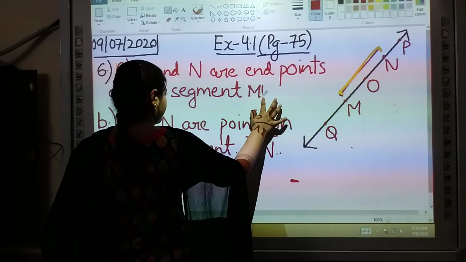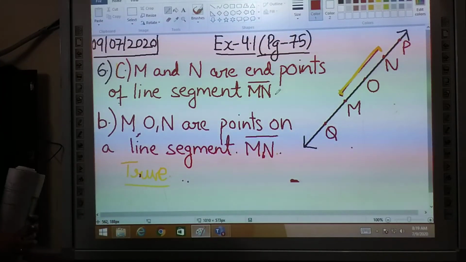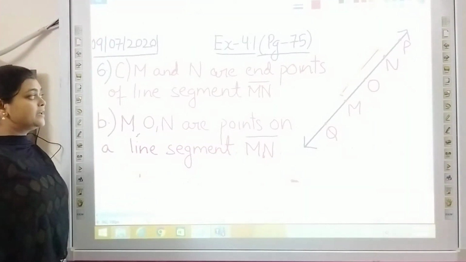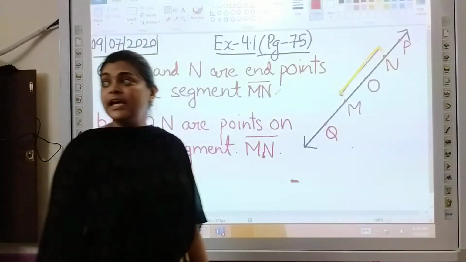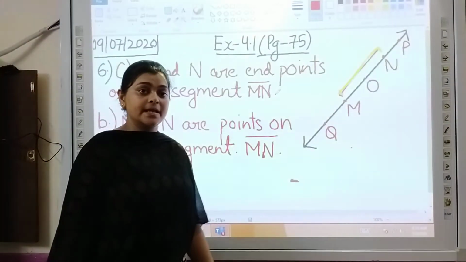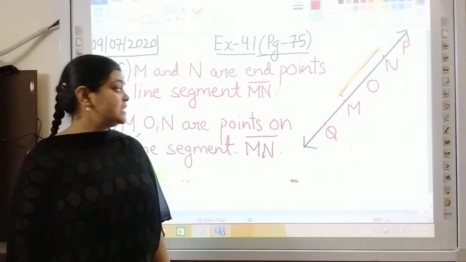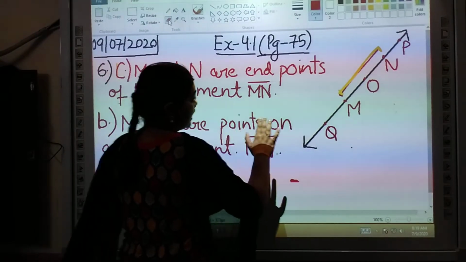Clear, children? We have to tell whether point M and point N are endpoints of our line segment MN. It is clearly seen that MN is a line segment. So if MN is a line segment, it will obviously have endpoints. So let us see whether these 2 points are the endpoints of line MN.